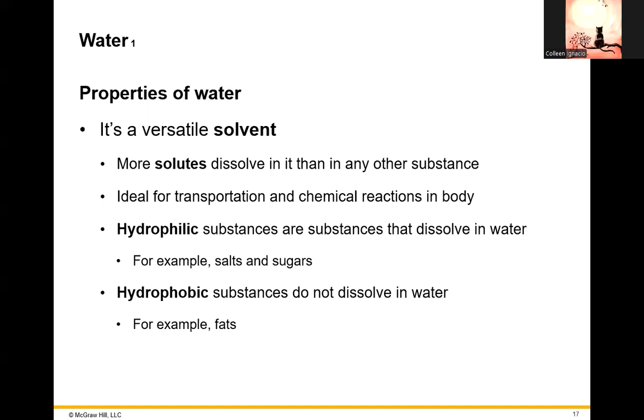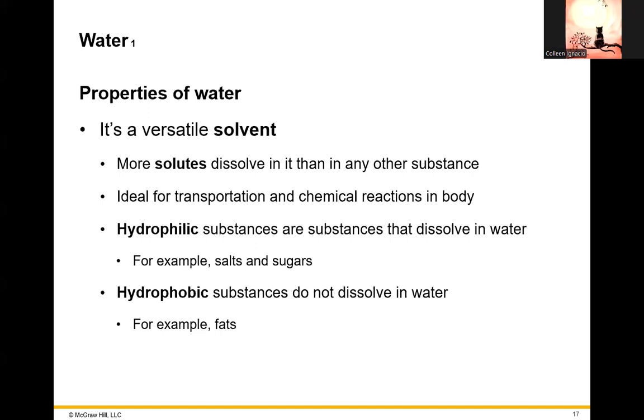Okay, so let's talk about water a little bit more. So water is amazing. It's essential for survival in all life forms, and it is a versatile solvent, meaning that it is able to dissolve solutes. It can dissolve more solutes than any other substance.